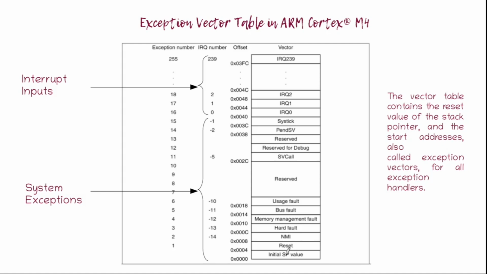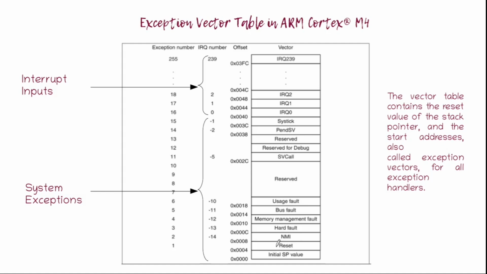As it mentions here, this contains the reset value of the stack pointer and the start addresses of exception vectors. The initial stack pointer value is some value that is set by the programmer. We have the liberty of setting the stack wherever we wish, and that is done in the initialization script. We'll see that.